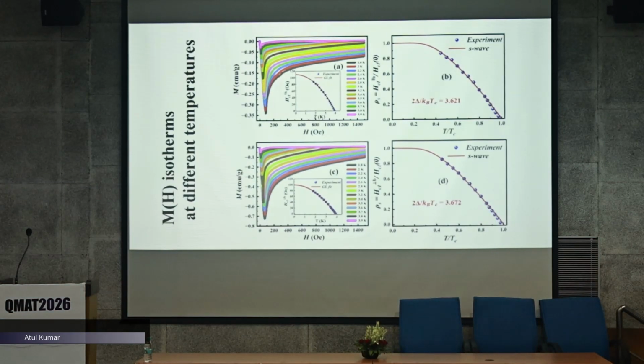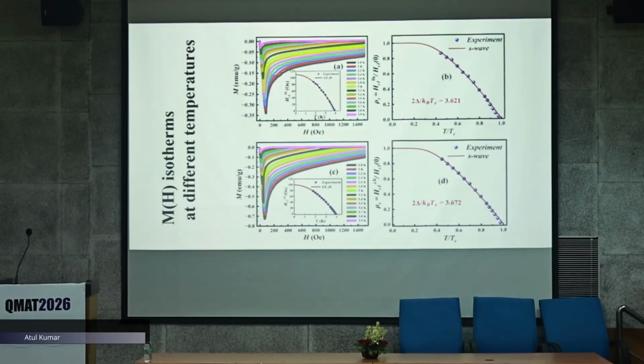These are the single MH isotherms at different temperatures. First we calculated the first critical field. Then from the critical field we calculated the superfluid density and fitted it with different theoretical models. Here it is nicely fitted with the S wave, which suggests that it is a fully gapped BCS superconductor.